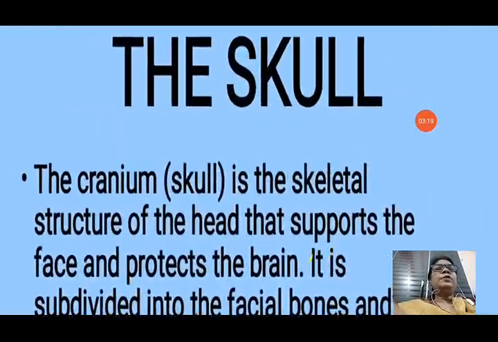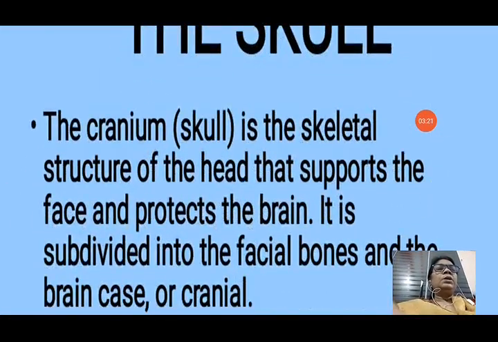Now the skull. First we will discuss the skull. The cranium, or skull, is the skeletal structure of the head that supports the face and protects the brain. It is subdivided into the facial bones and the brain cage, or cranial bones.